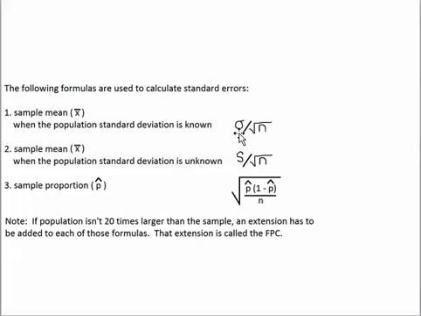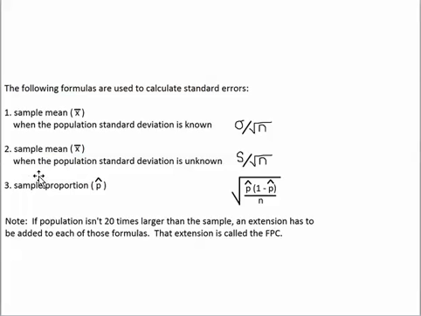Overall, you're using the sample standard deviation as a substitute for the population standard deviation. The sample standard deviation tells you how much dispersion is in your sample, and then that gives you a rough idea of how much dispersion is in the population.